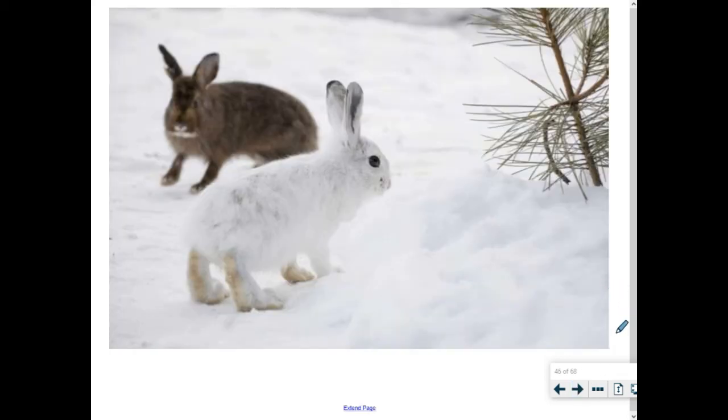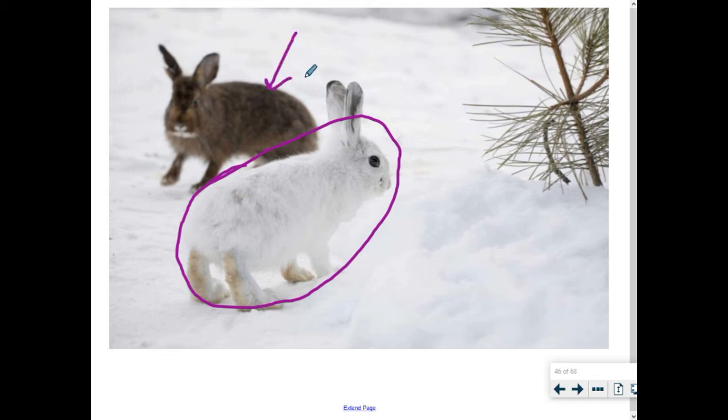The snowshoe hare is a good example. Bunny rabbits. This bunny right here in the wintertime right now has a huge advantage against its predators because it's got a white coat. It blends into its environment. That is very advantageous for it. Whereas, unfortunately, this bunny right here with the brown hair is, yeah, sorry, buddy.